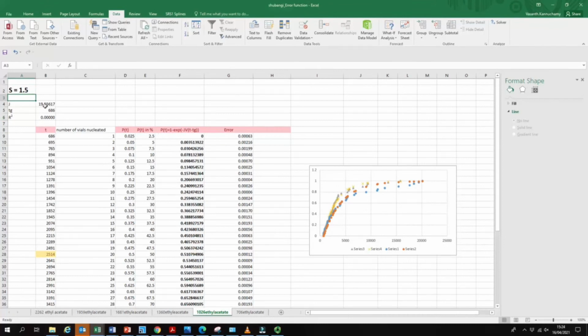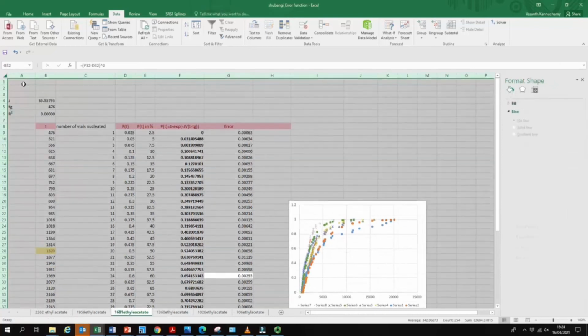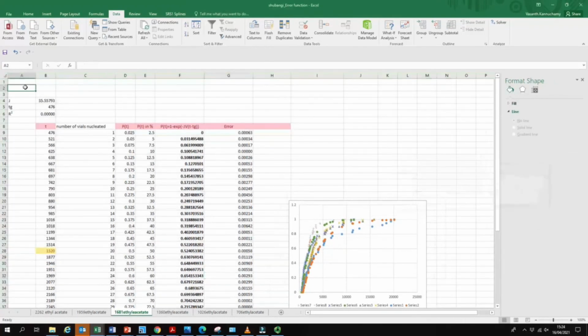Then the J value is 19.5, and when we did the experiment when S is equal to 1.76, we have some other nucleation rate, 26.59, and when S is equal to 2.0, the nucleation rate is 35.55, something like that.